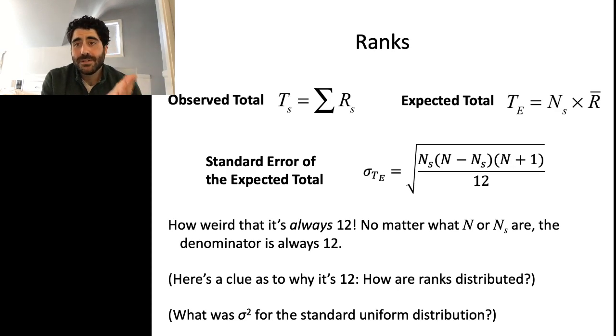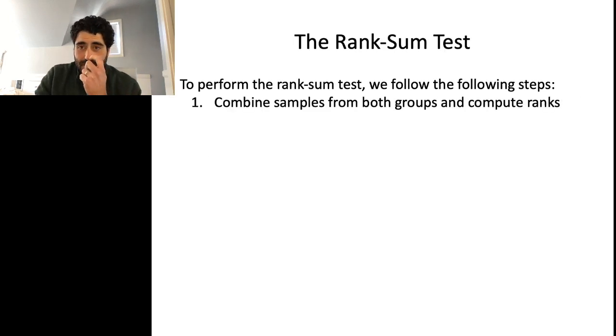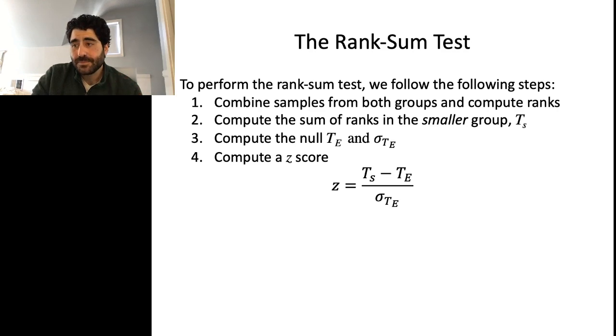Okay, so now we have all of the things we need to actually compute this test. Just to recap: we compute the sum of the ranks in the smaller group. We compute this expected sum and the standard error of this expected sum. And now we can compute just a z-score.